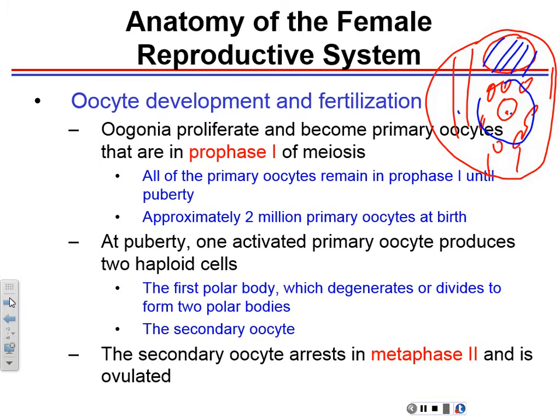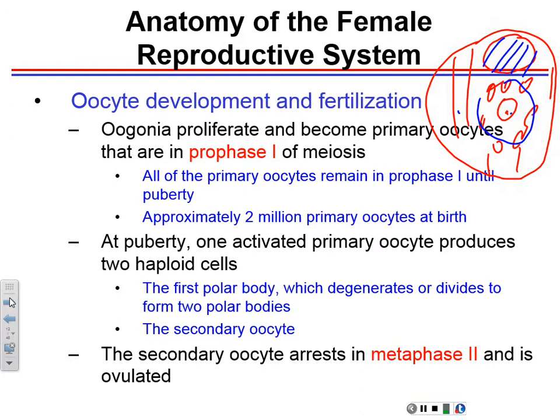Then the female child is born, and after that, they reach puberty, where from puberty to the end, you have about 400 that will be released, that will actually be ovulated and have a chance to be fertilized.